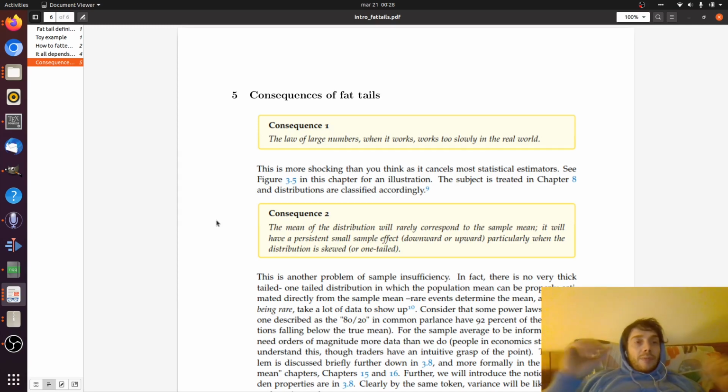And if your sample mean doesn't mean much, then your sample standard deviation, which is defined in terms of the sample mean, is not going to mean much. And then your sample correlation, which is defined in terms of the sample standard deviation, is not going to mean much. So all these statistical measures that we compute on our data lose a lot of their informative power. They're going to be uninformative.